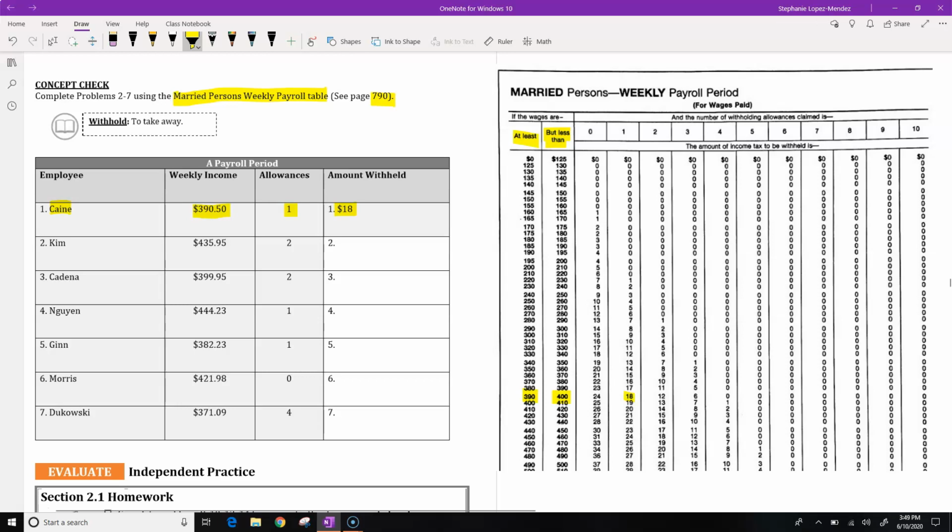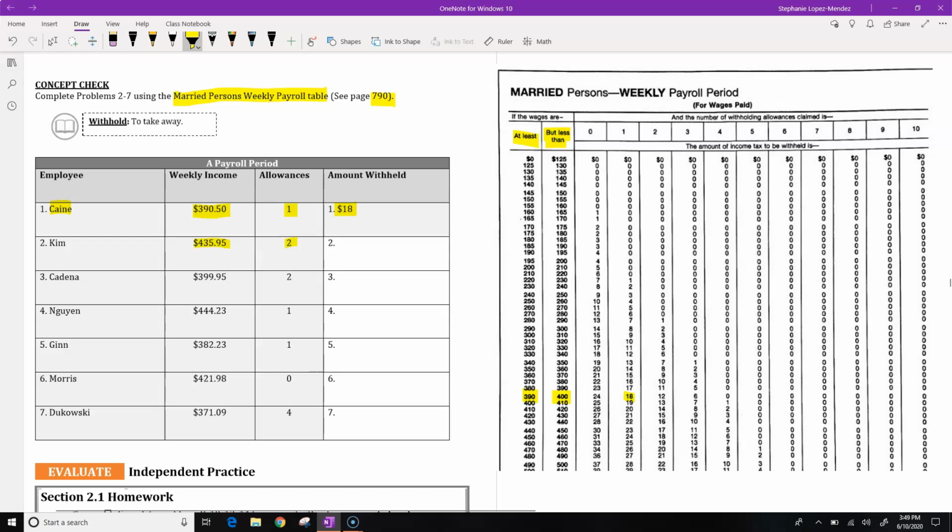Now, if we go to number 2 for Kim, she has a weekly income of $435.95. She has 2 allowances, so we need to look for the amount withheld. So I go to my table and I look for 435, or a range where I could place 435. I have 430 here and I have 440 here.